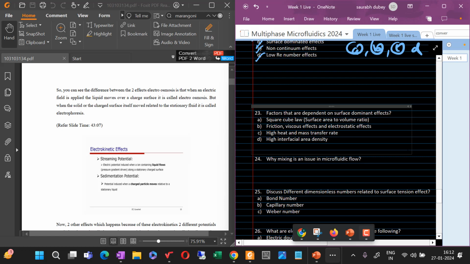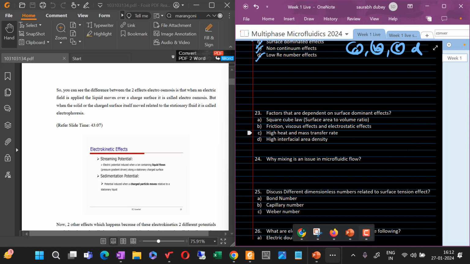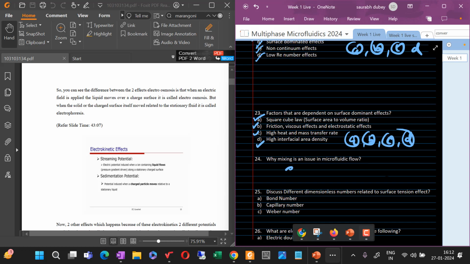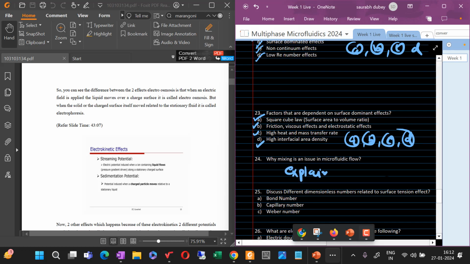Surface area to volume ratio, friction, viscous effects, hydrostatic effects, height. I think all will be there, A, B, C, D. All will be the correct answer. This is directly from the notes, and the discussion also explained this. This one is explained through the video also.